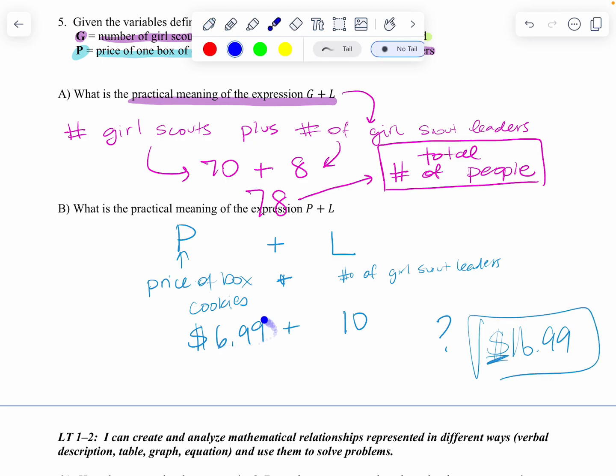I can't add one cost of a box of cookies and add it to 10 Girl Scout leaders. If there were 10 people in our room and I said, hey, I just went to Jewel and spent $6.99, let's add it to the number of people that are in here. No, why? There's no reason to do this. So the practical meaning is none. These things don't go together.